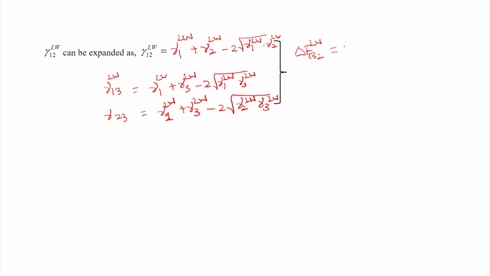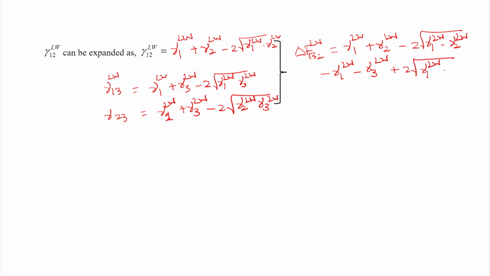So, gamma 1 2 is gamma 1 LW plus gamma 2 LW minus 2 square root of gamma 1 LW into gamma 2 LW, minus gamma 1 LW minus gamma 3 LW plus 2 square root of gamma 1 LW gamma 3 LW, and then again minus gamma 2 LW minus gamma 3 LW plus 2 square root of gamma 2 LW into gamma 3 LW.